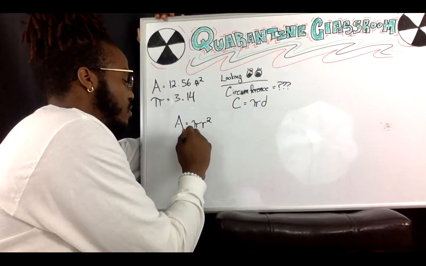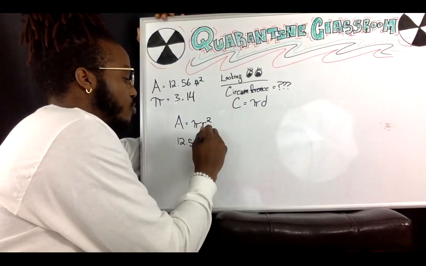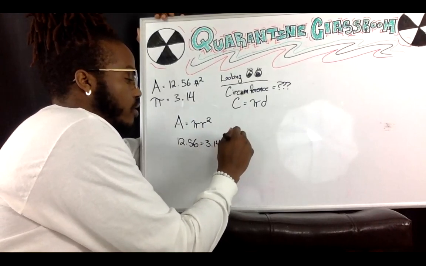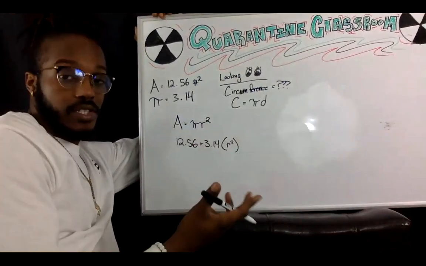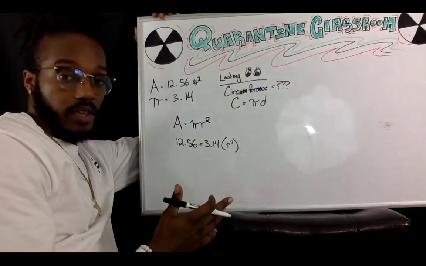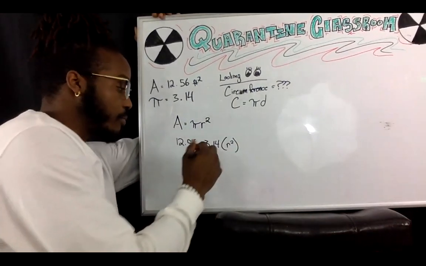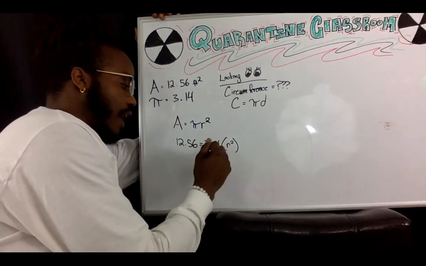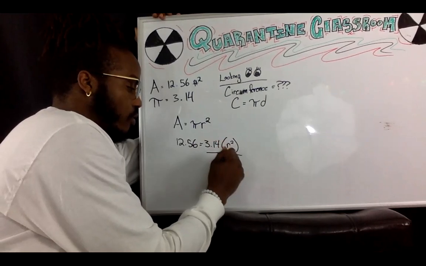12.56 is equal to 3.14 times r squared. Now, this is the same thing that we would do with any algebraic problem. We're first going to isolate our variable by dividing by 3.14 on both sides.